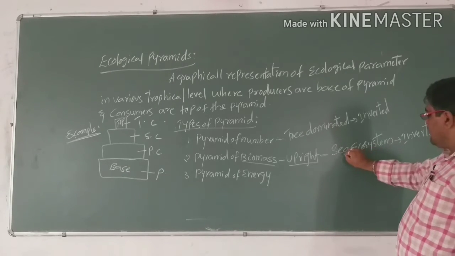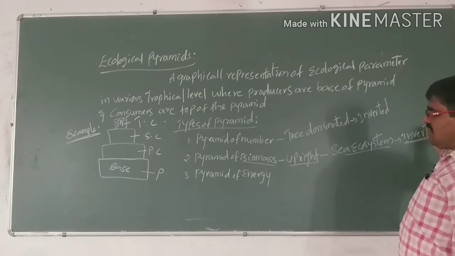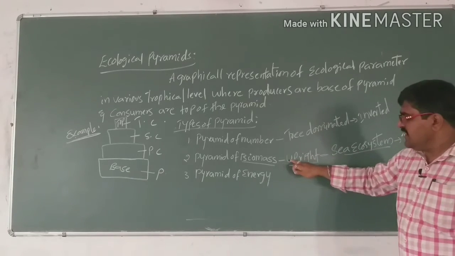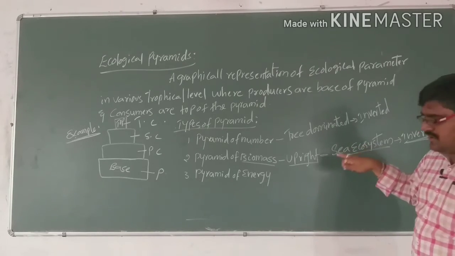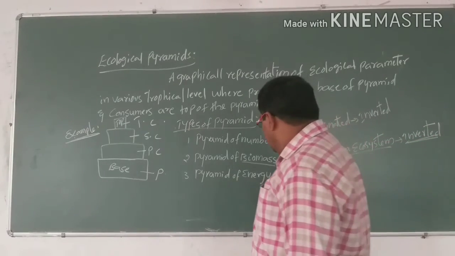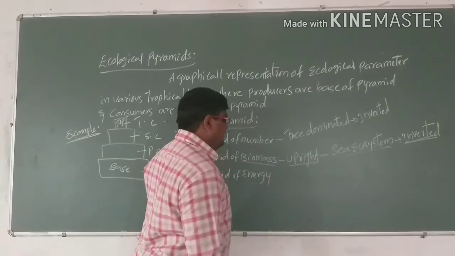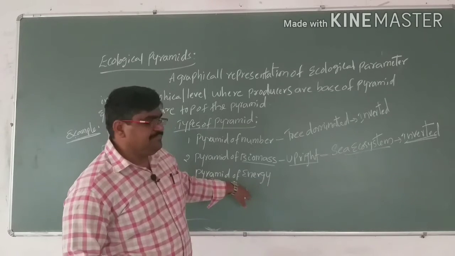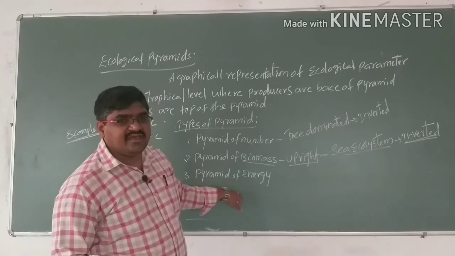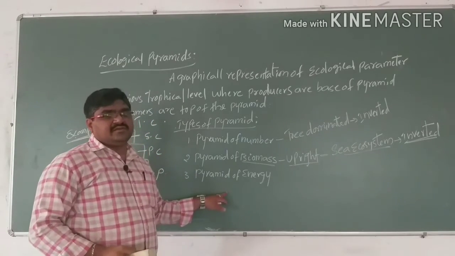So in a sea ecosystem the pyramid of biomass is inverted, but in all other ecosystems it is always upright.